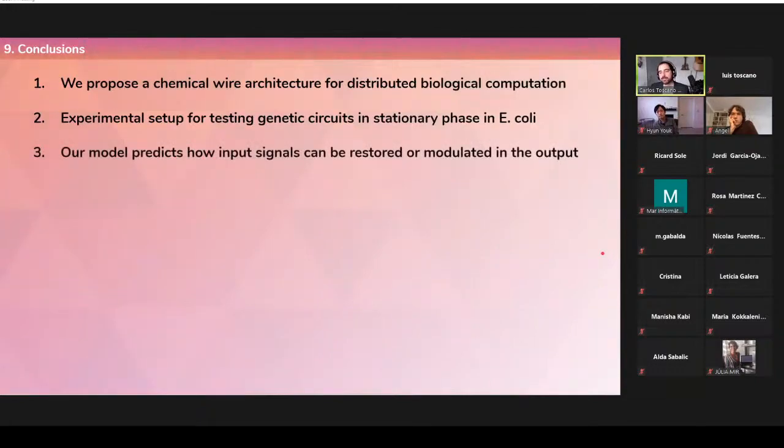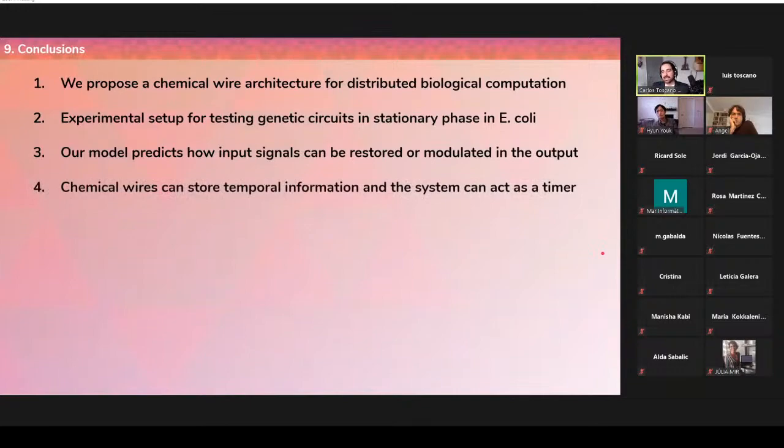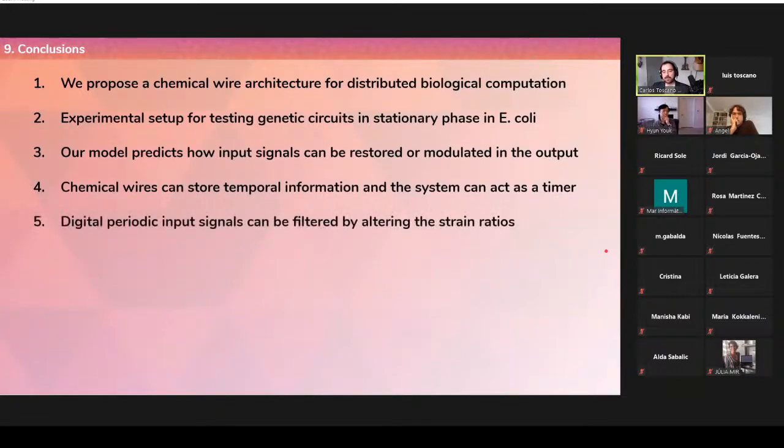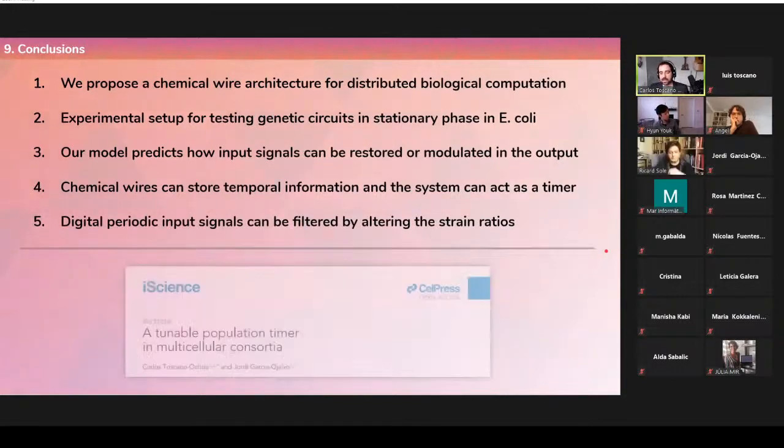Third, our model predicts how input signals can be restored or modulated in the output. Four, chemical wires can store temporal information and the system can act as a timer. And finally, digital periodic input signals can be filtered by altering the strain ratios.